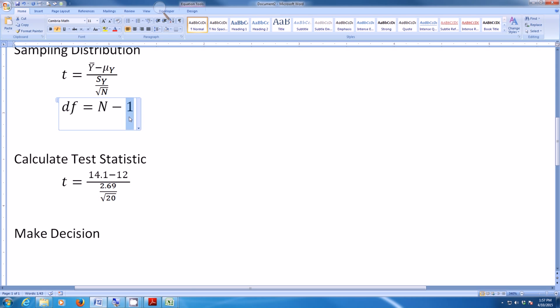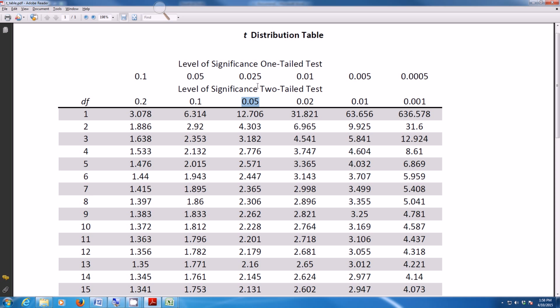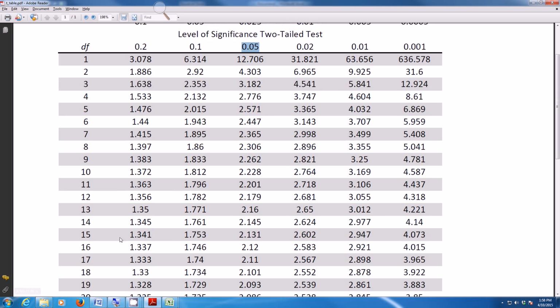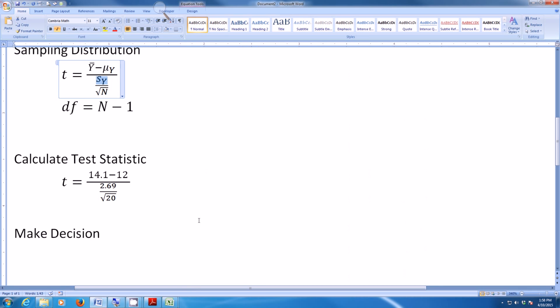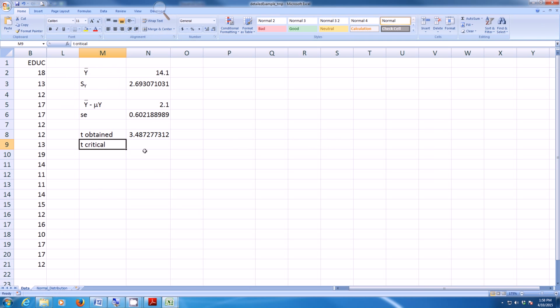So we've lost 1 degree of freedom because we had to estimate the true population standard deviation with the sample standard deviation right here. And so we're going to look at a two-tailed test, 0.05 alpha level, with 19 degrees of freedom. And so that means that our t-critical value is going to be 2.093. I can just round that to say 2.1.